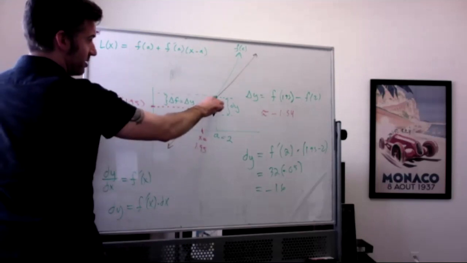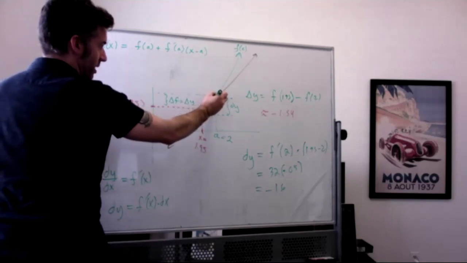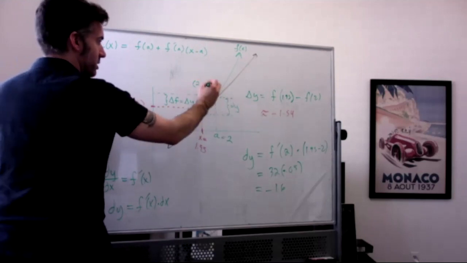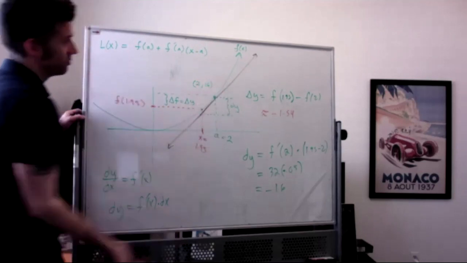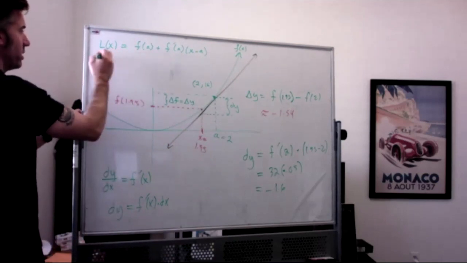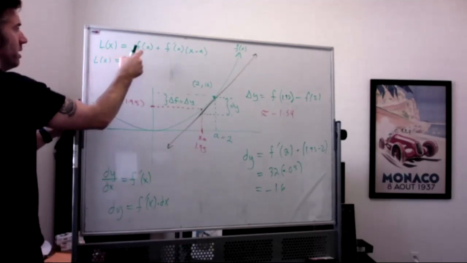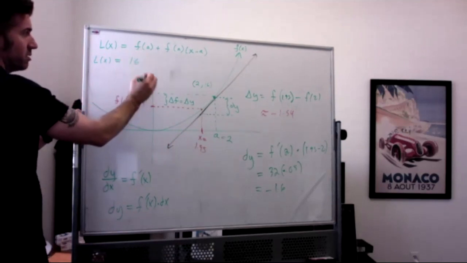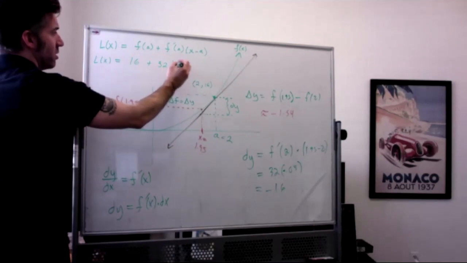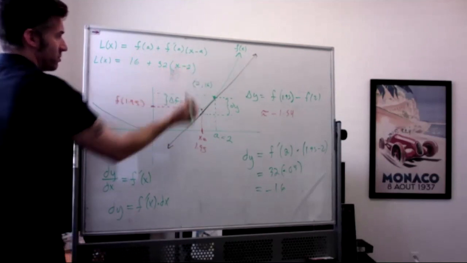And I'm finding the tangent line at this point right here, the point 2 comma f of 2, which is 16. So my linearization at this point is going to be f of 2, which is 16, plus f prime of 2, which is 32, all times x minus 2.